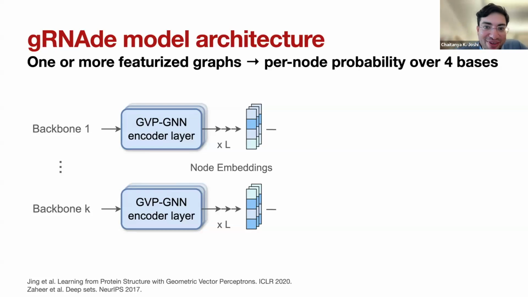Oh, sorry, there's a question in the chat asking if RNA structure prediction is harder because there are only 4 nucleotides as opposed to the 20 amino acids in proteins. Does that make sense? I think RNA structure prediction is harder primarily because there's less data for it.